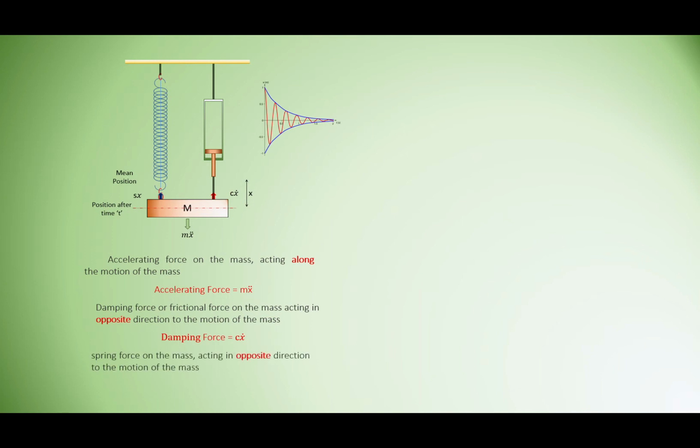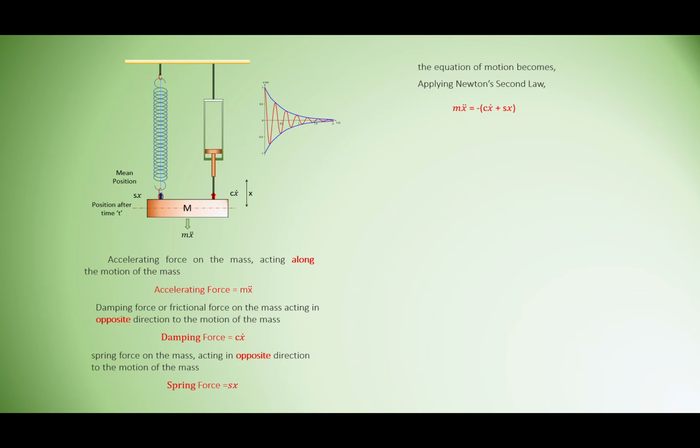The spring force, or the restoring force, also acts opposite to the motion of the mass: the stiffness of the spring multiplied by the displacement of the mass. So based on these three forces and the second law of motion, the inertial force equals the negative damping force and the negative spring force. I hope you understand the equation.